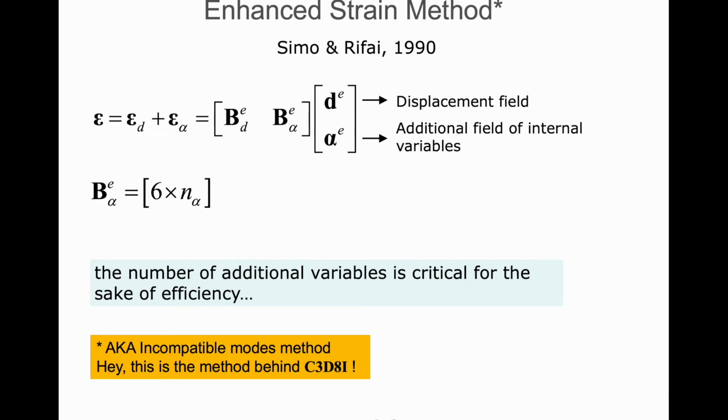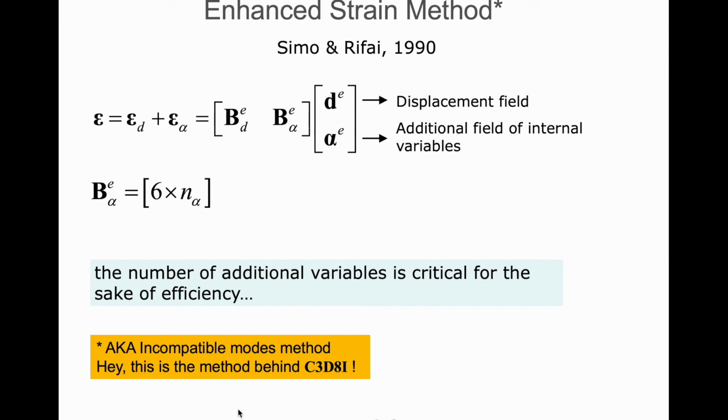So there are two very similar methods, the incompatible modes from 1973 and the enhanced strain method from 1990. Both of them have some slight differences that we are not going to discuss here, but you see this in Abaqus as the C3D8I, where I comes from the incompatible modes, okay?